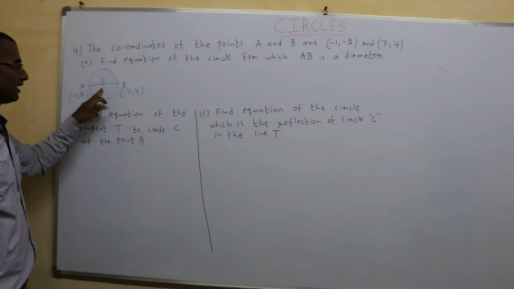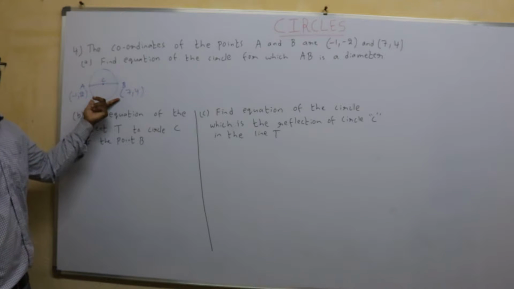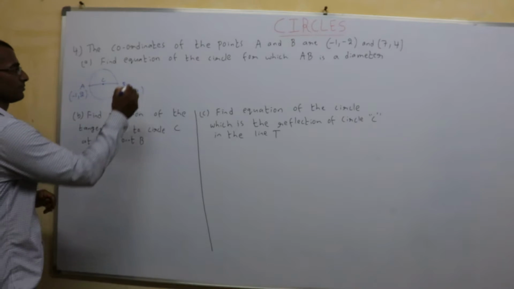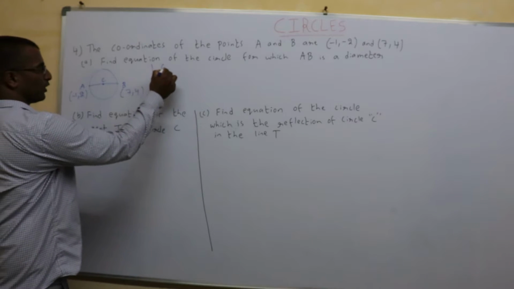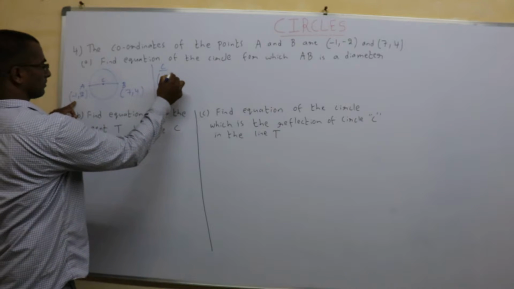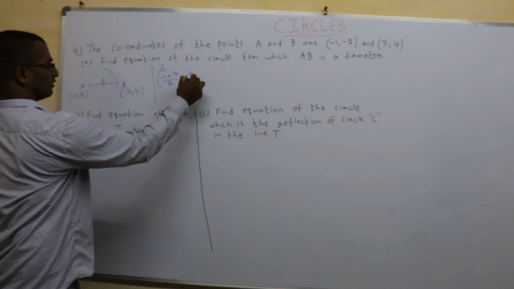And what can you say about the center? The center will be the midpoint of these two. Accepted? So get the center first. To get the center, midpoint formula: (x1 plus x2) by 2, comma, (y1 plus y2) by 2.